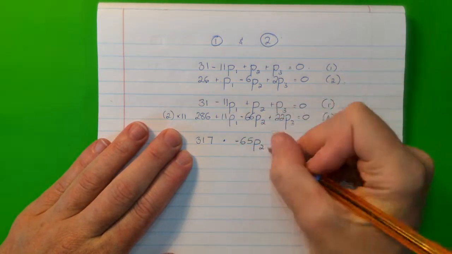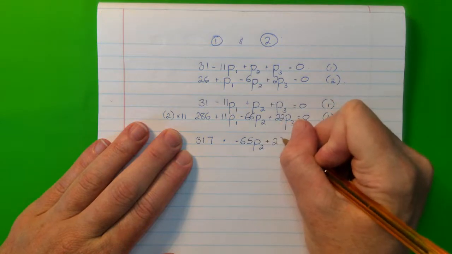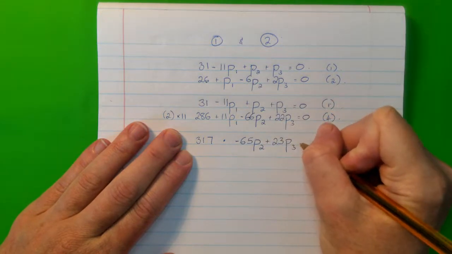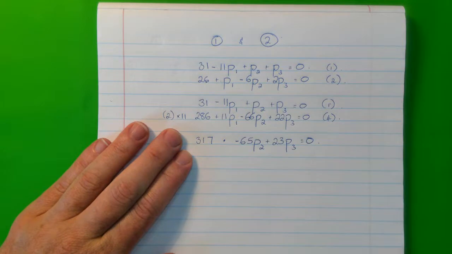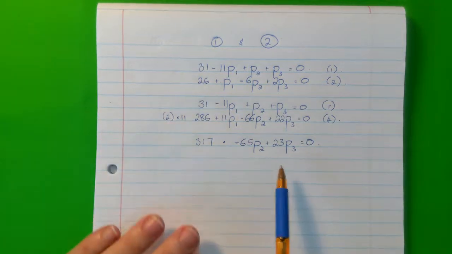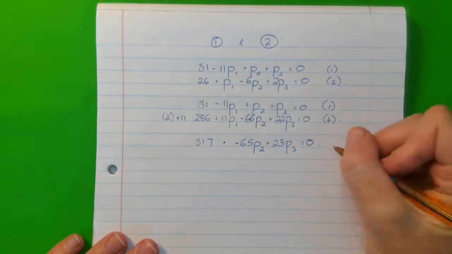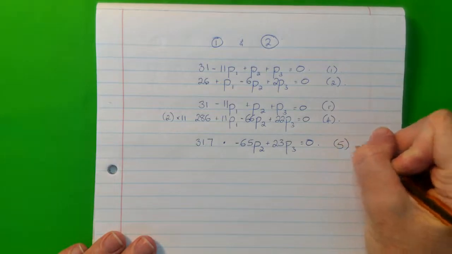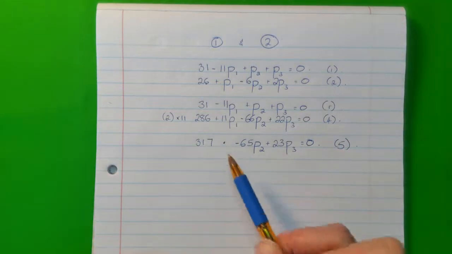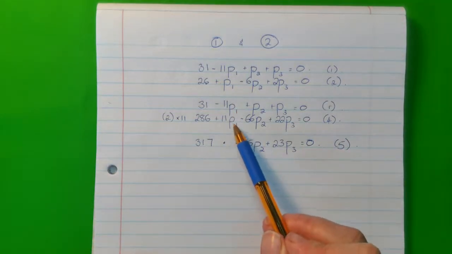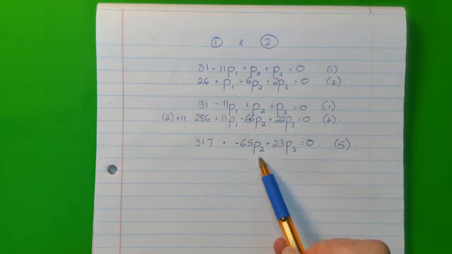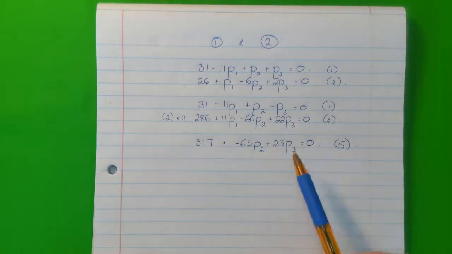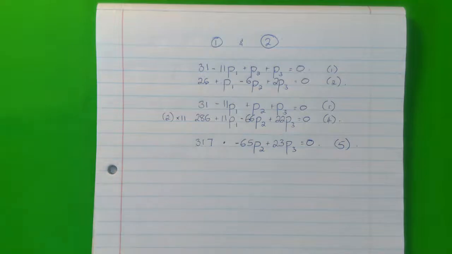Plus 1 plus 22, we're going to end up with plus 23. Okay, so here we have what we will call equation 5, and you can see we have successfully eliminated variable P1, and we only have variable P2 and P3 in this equation.